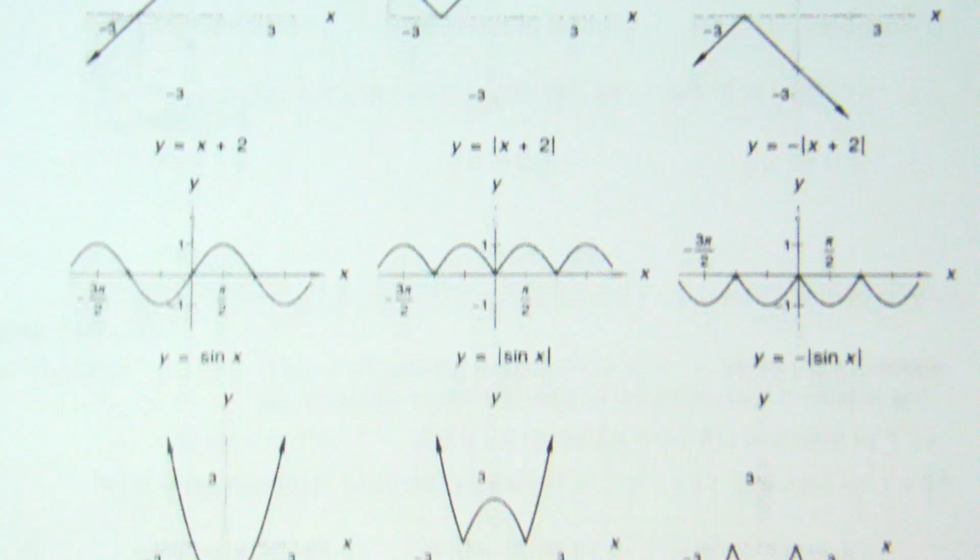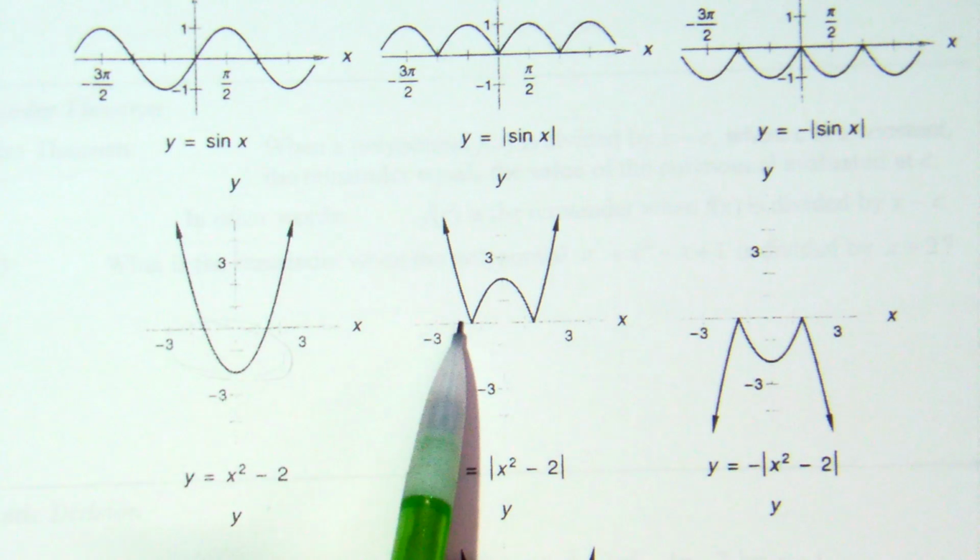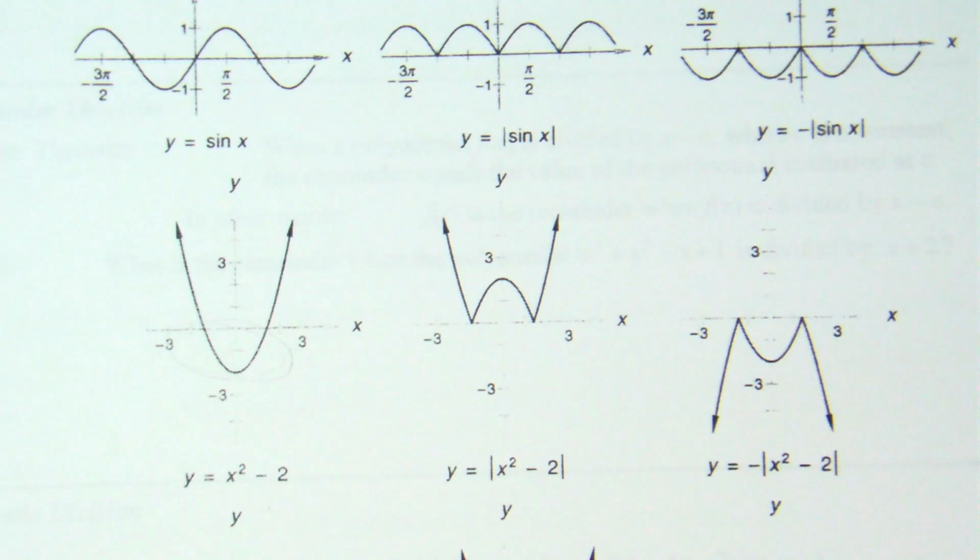Okay, what about a parabola? This is y equals x squared minus 2. So normally we think about it being a parabola that is moved down 2. Well, if you do the absolute value of that, what's the portion that's below the x-axis that needs to go up? That right there. So if you move that piece up there, there's my absolute value. Take the negative of the absolute value, reflecting it all across, right?